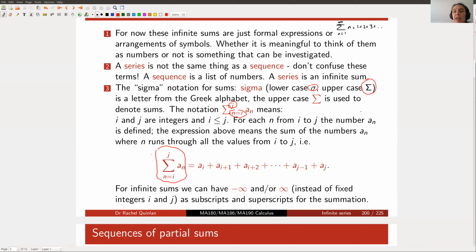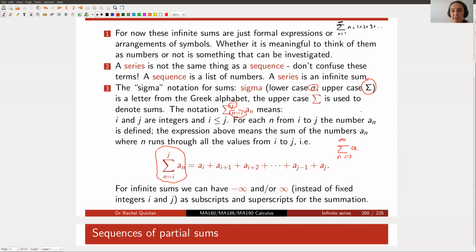And for infinite sums, you can have infinity or minus infinity as a superscript or subscript on the sum symbol. Even though it doesn't say what the increment is, it's typically assumed, unless stated otherwise, that you're summing consecutive natural numbers. If it says n equals 0 to infinity of a_n, it's taken as read that the increments are just consecutive natural numbers.